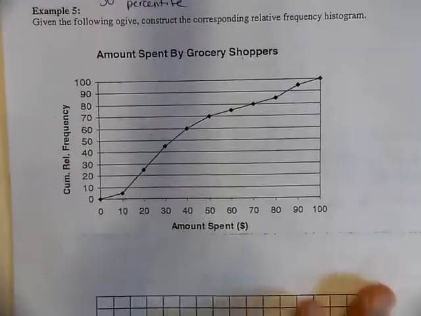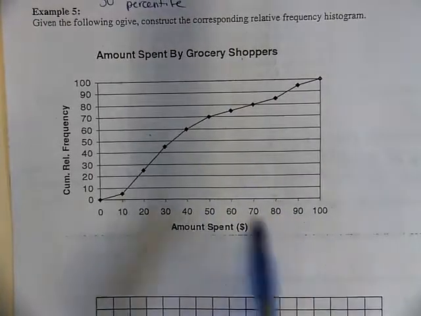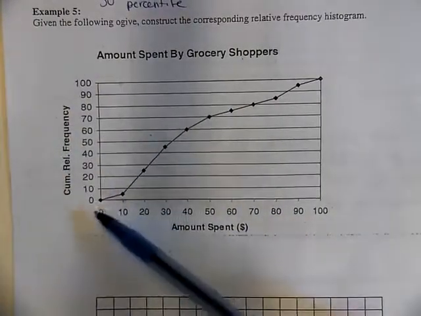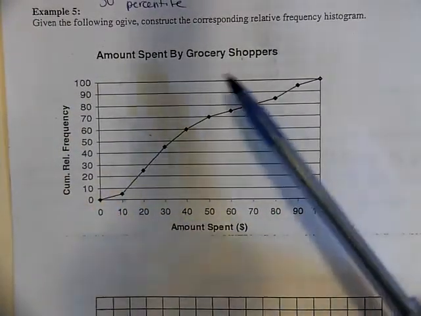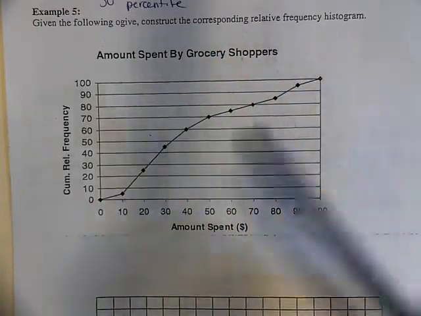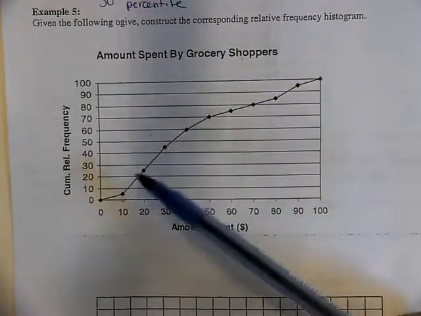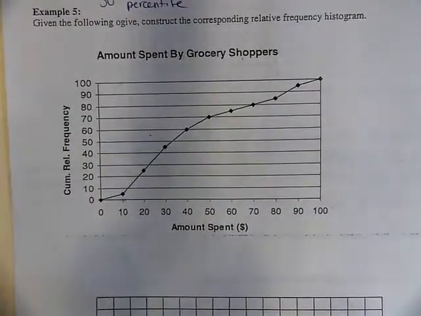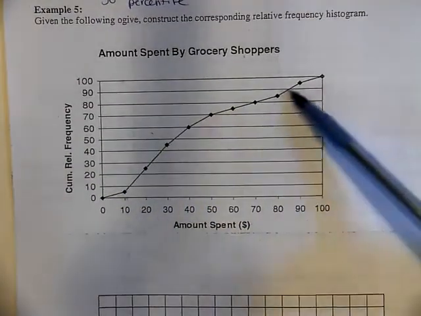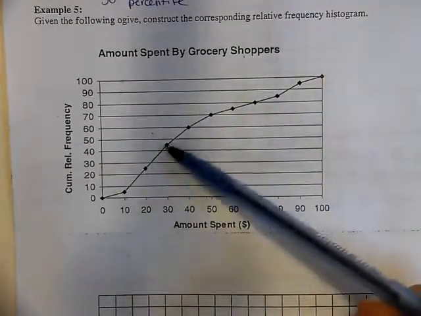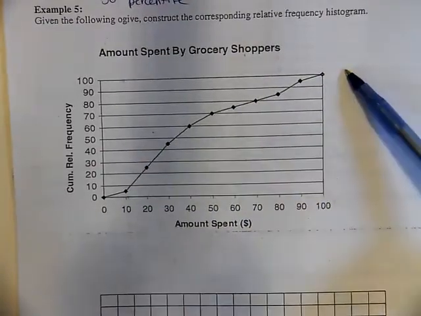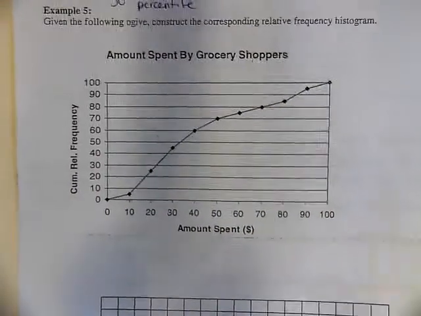Another thing we can do with cumulative relative frequency is I'm going to give the following ogive, construct the corresponding relative frequency. So I'm going to go through and take this and do each individual relative frequency. So again, you can see how it's like a curve all the way up to 100, but like it's not one continuous curve. It increases and decreases separately.